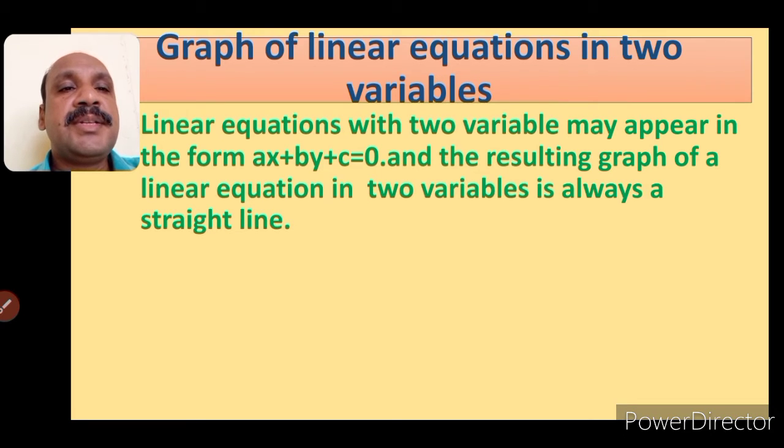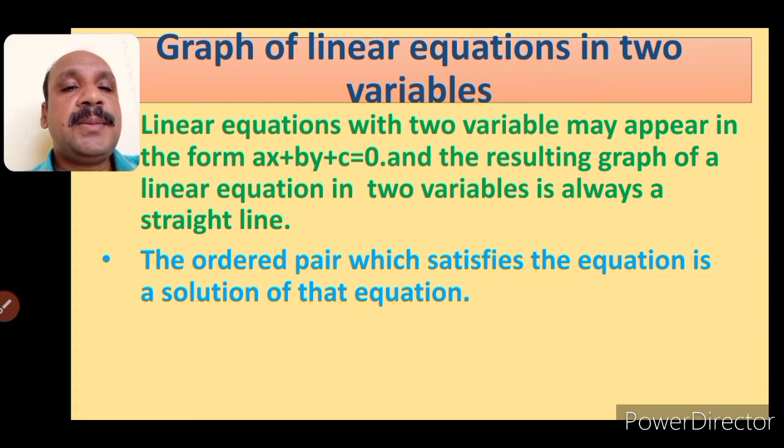Linear equations in two variables may appear in the form ax plus by plus c is equal to 0, and we know that the graph of a linear equation in two variables is always a straight line. Next point, the ordered pair which satisfies the equation is a solution of that equation.